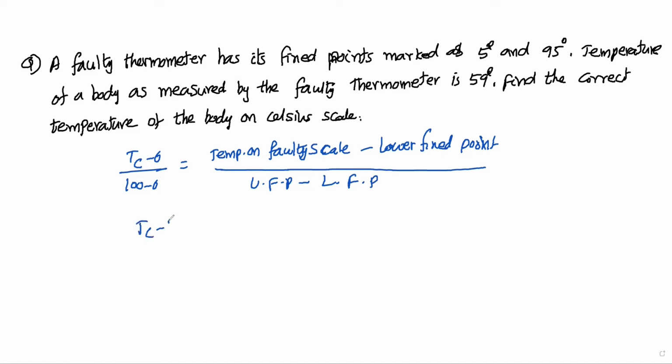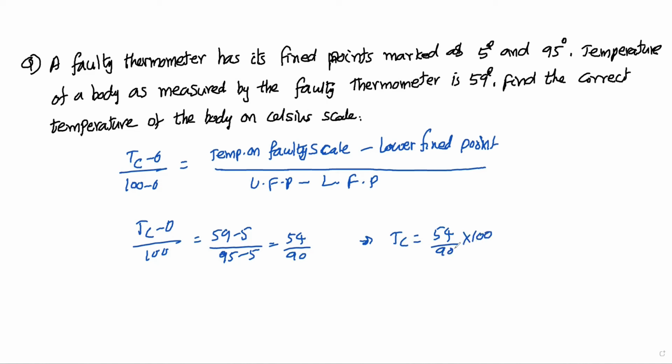So Tc minus 0 by 100 is equal to 59 minus 5 by 95 minus 5, which is equal to 54 by 90. That implies Tc is equal to 54 by 90 into 100, so 540 by 9, 60 degrees centigrade.